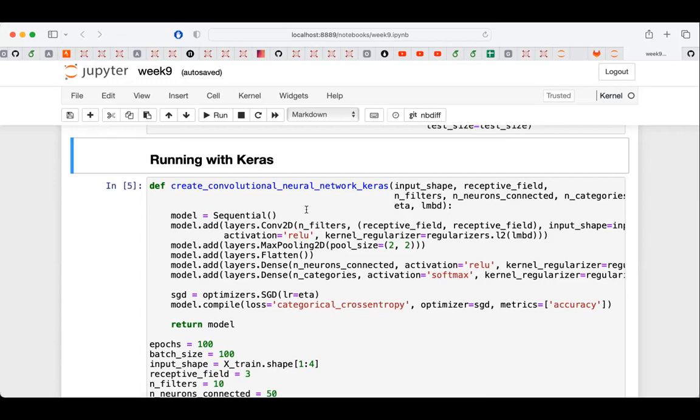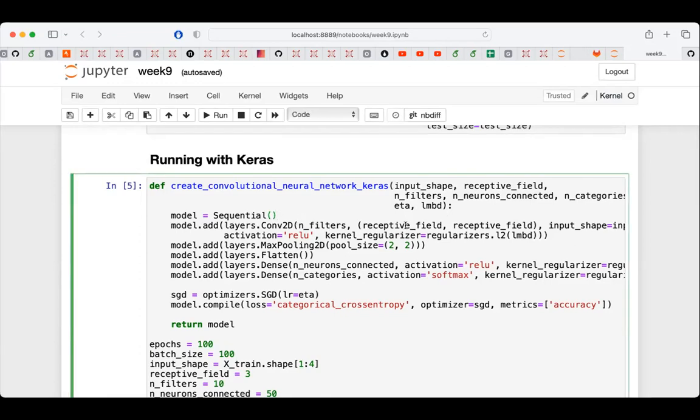So what I'm setting up now is a convolutional layer. I have the field I want to set up, the input shape. I want an activation, which is a ReLU, and I'm having a regularizer of the type of L2. I define the pooling, so I'm going to use max pooling here, and the pool size is 2 by 2.